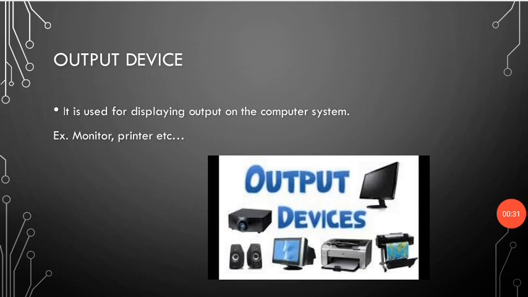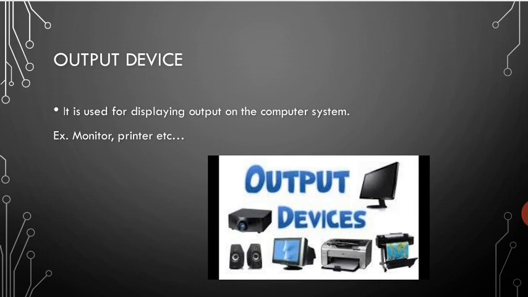An output device is used for displaying output on the computer screen. As we know, the computer works on the IPO cycle, that means input process output cycle. In the previous video we already discussed input devices, how we give input to the computer system. We also discussed processing, who performs processing, that means the CPU.